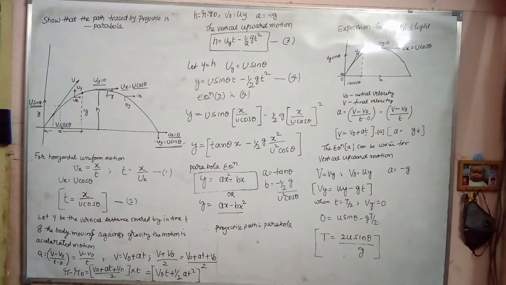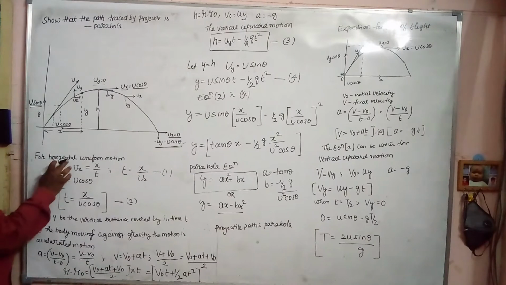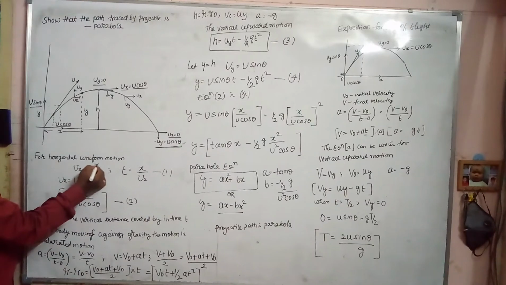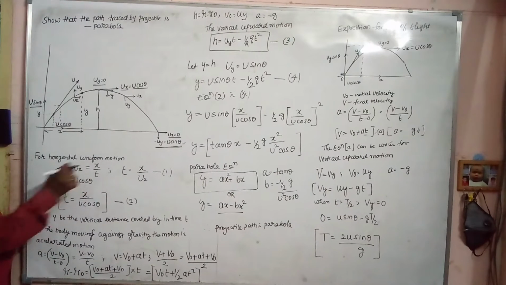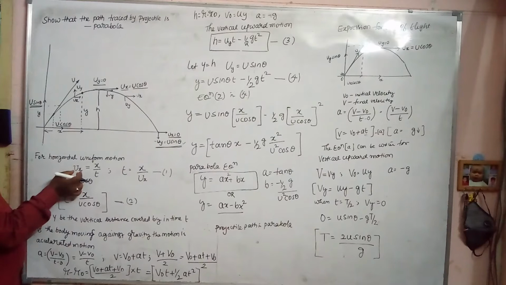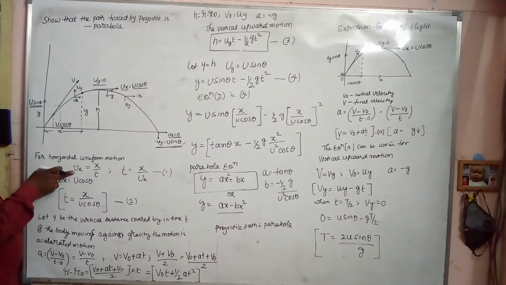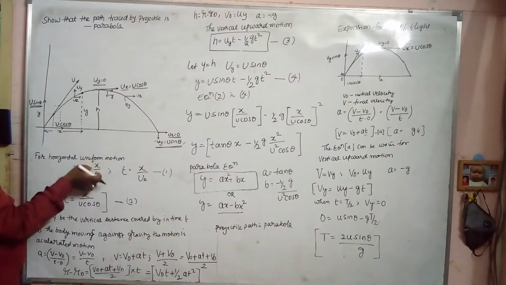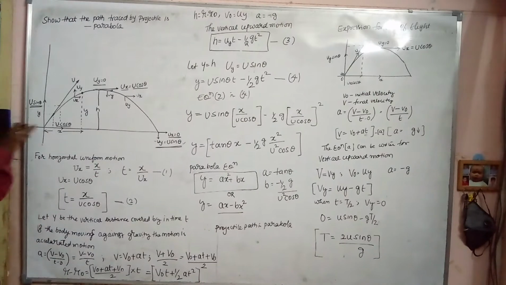So let me explain this. For horizontal uniform motion, ux is equal to x by t. This x by t is nothing but velocity. It travelled x distance with respect to time. It means ux is the particle moving in the x direction through x distance with respect to time.